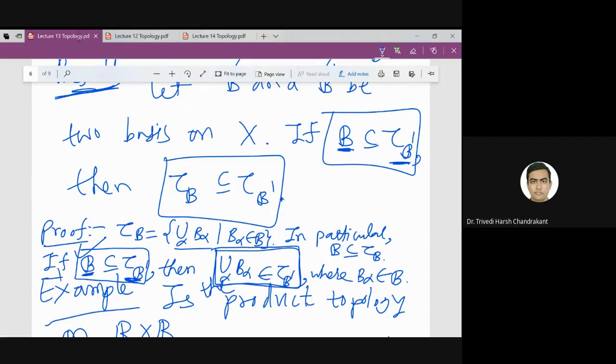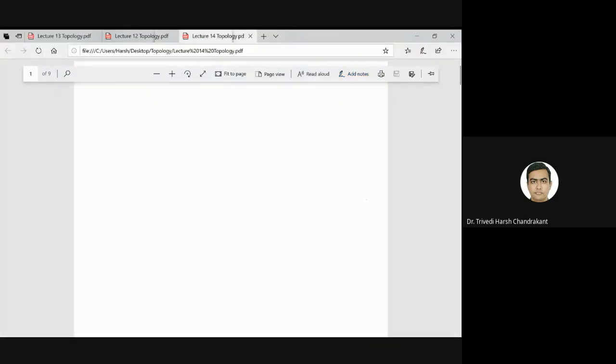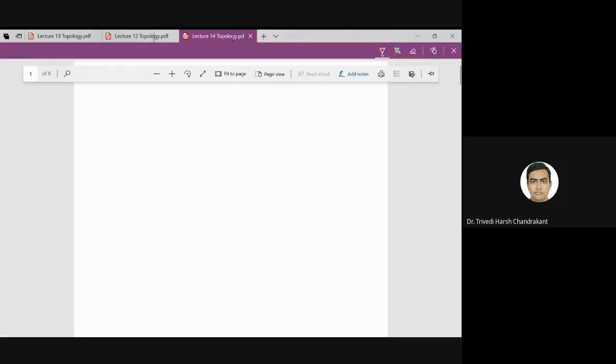So basically we know B alpha is a basis element. Let me write here because it may not be clear. What we have is B is contained in tau B dash.